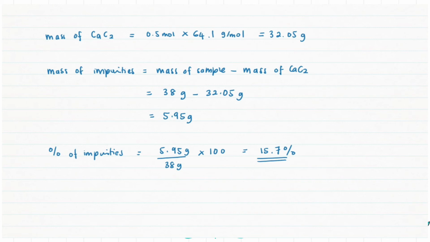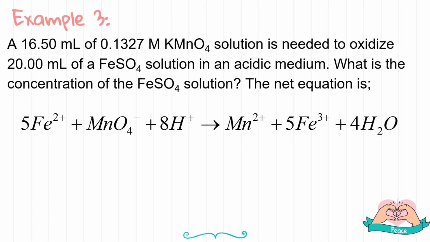Now we look at example 3. 16.5 ml of 0.1327 molar KMnO4 solution is needed to oxidize 20 ml of FeSO4 solution in an acidic medium.